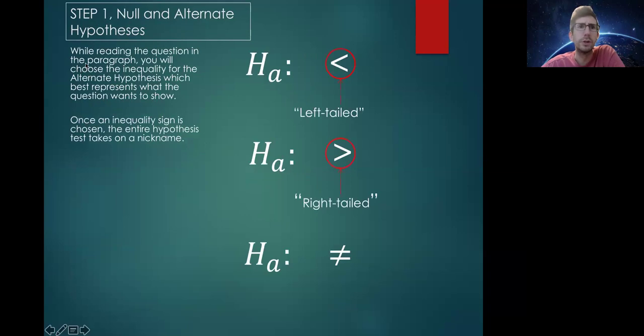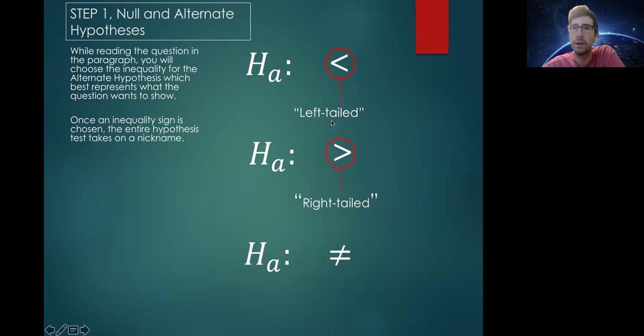So while reading the question in the paragraph, you'll choose the inequality for the alternate hypothesis, which best represents what the question wants to show. Once an inequality sign is chosen, the entire hypothesis test takes on a nickname, and this will be important for step 4 or maybe 5, I believe. So if we choose the less than sign, then our test nickname is left-tailed.